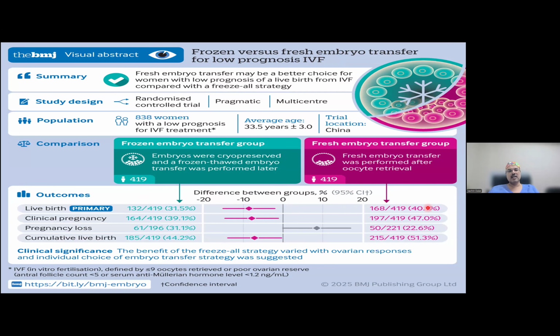Look at the difference. Live birth 40% versus 31%, 47% clinical pregnancy versus 39% clinical pregnancy, 10% lower risk of pregnancy losses, and almost 7% higher chance of cumulative live birth.